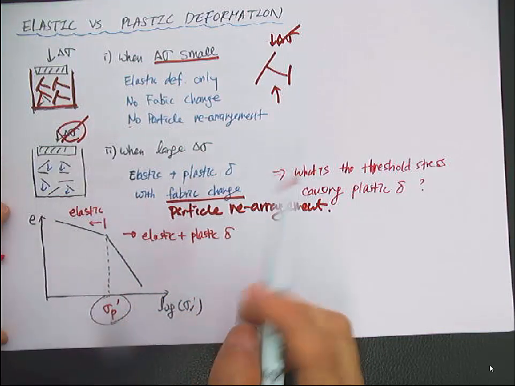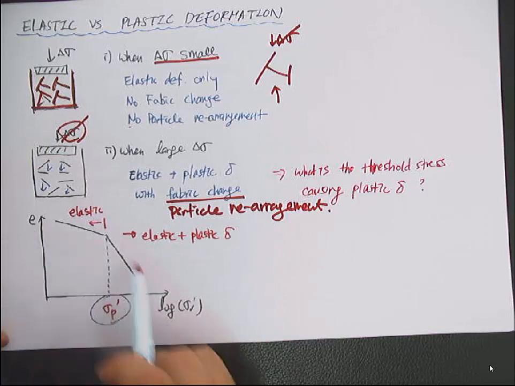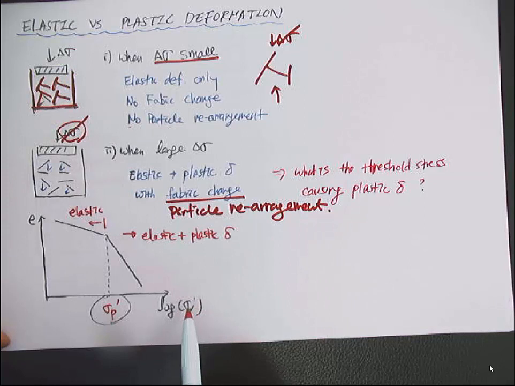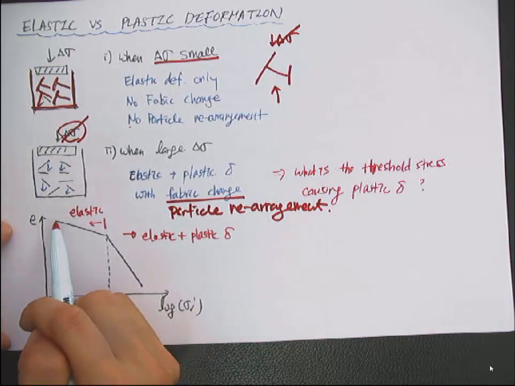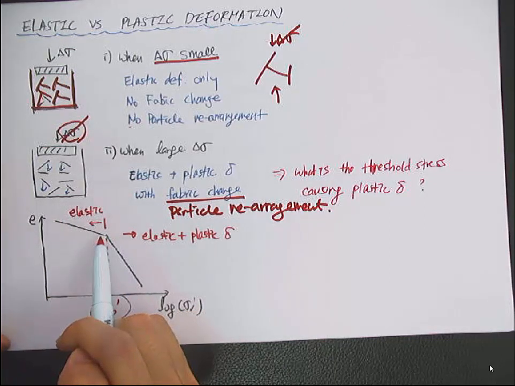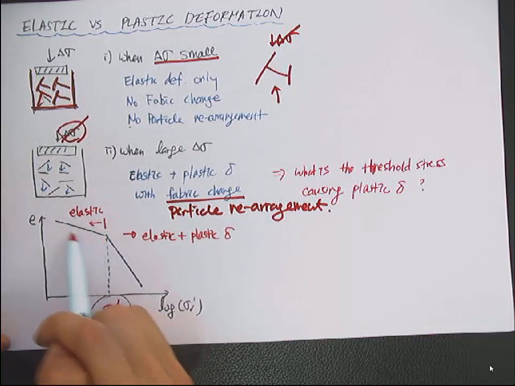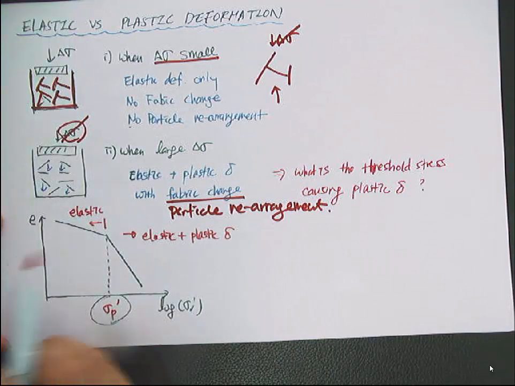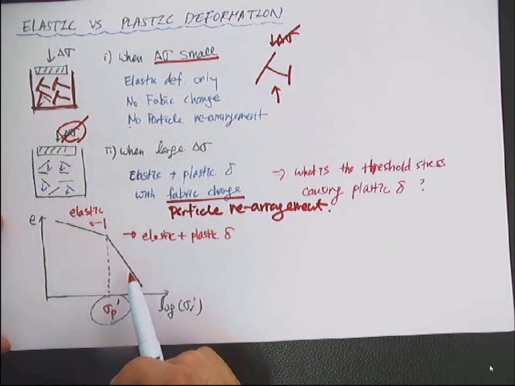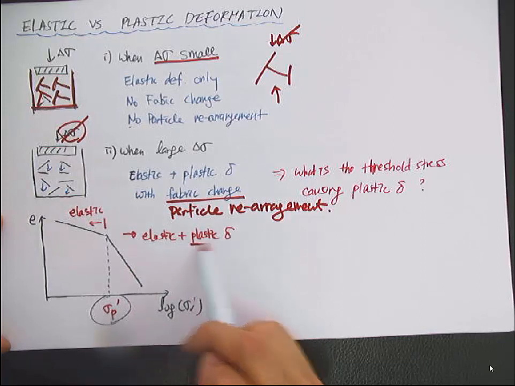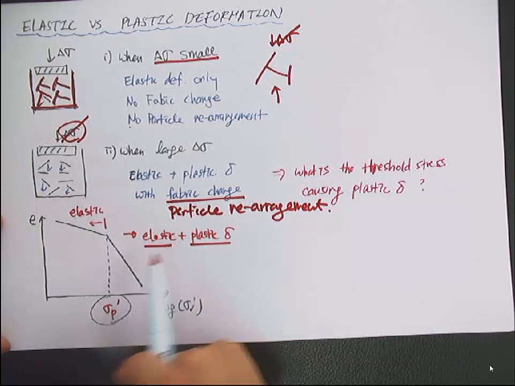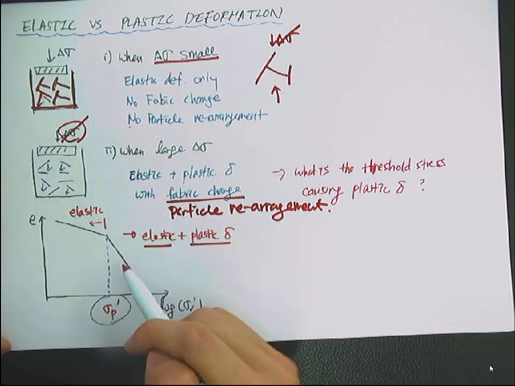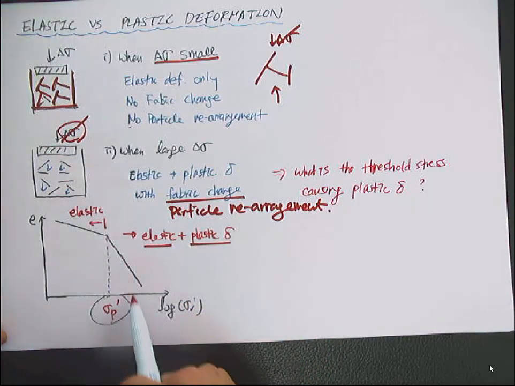If you plot it in the chart, e versus sigma v prime, you have a small deformation that is recoverable whenever you remove delta sigma. And when you pass some threshold value, you have plastic deformation, which is permanent, and a large deformation occurring together. So now you have a more rapid change in void ratio for a given loading.